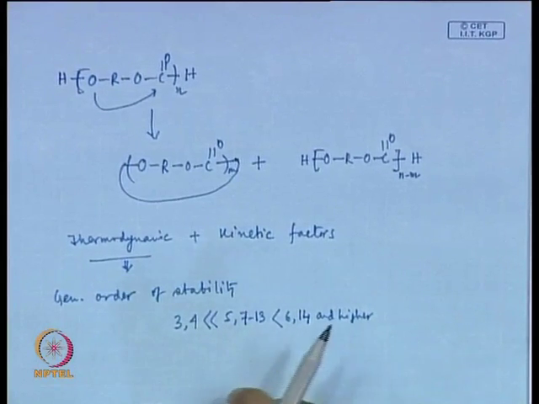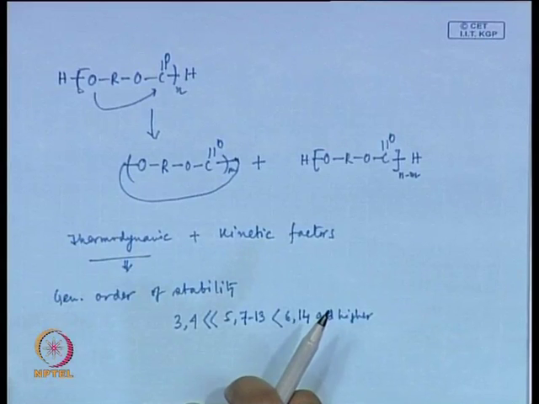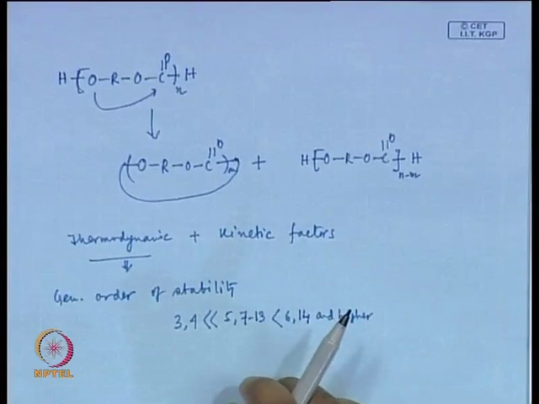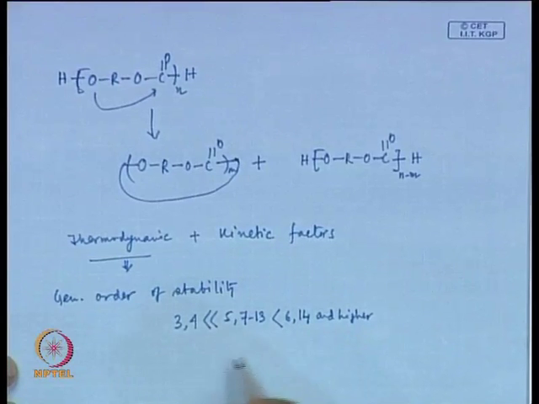That is because in a small ring we have more ring strain and torsional strain, and in the big ring we have a torsional strain as well. So, obviously, formation of a 6 membered or a 14 membered or higher membered ring will always be preferred thermodynamically compared to a ring having 3 members or 4 members in it.